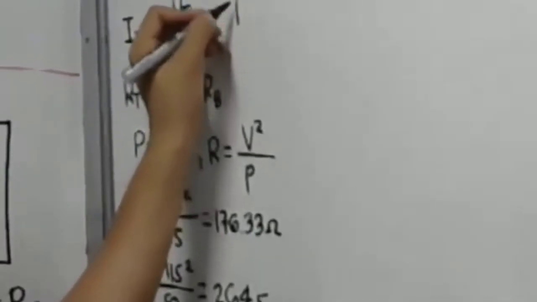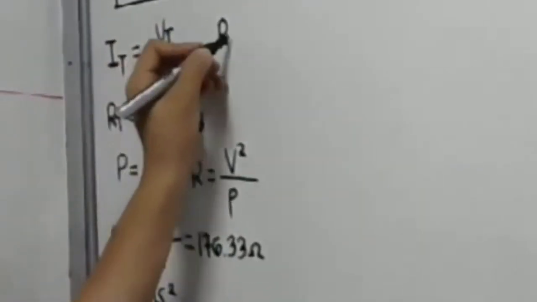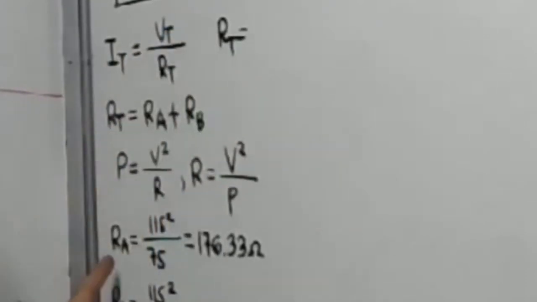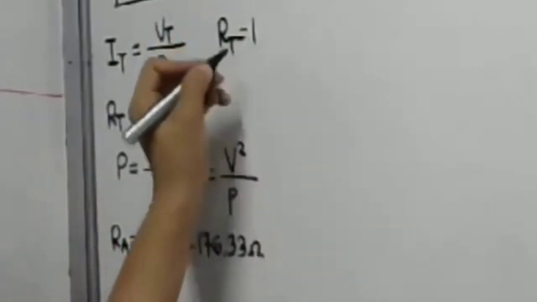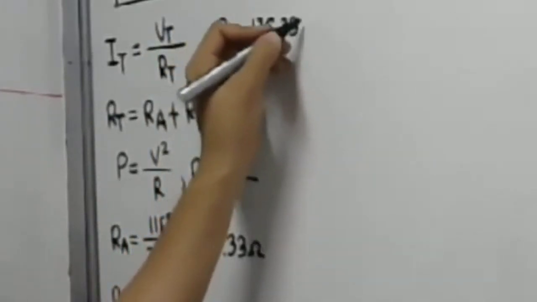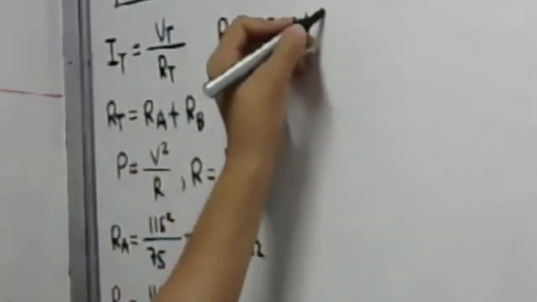Let us substitute here. What is the total resistance? RA, which is 176.33, and then we have to add 264.5.